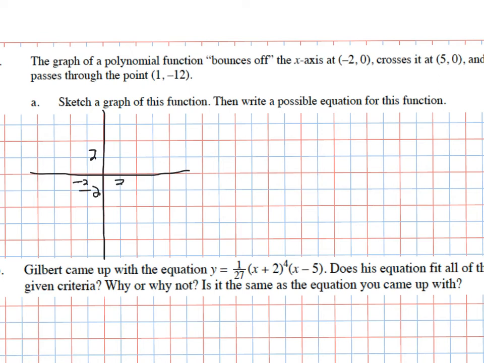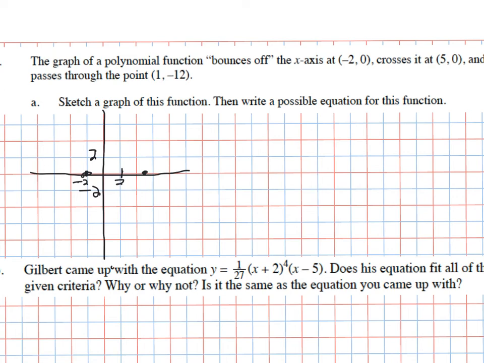Each tick mark represents 2 units. It's going to cross at 5, 0. And it passes through the point 1, negative 12: 2, 4, 6, 8, 10.